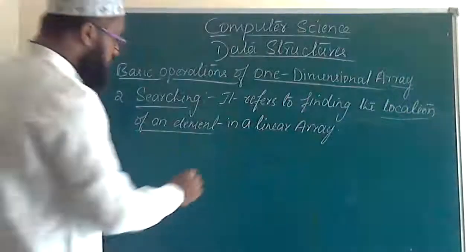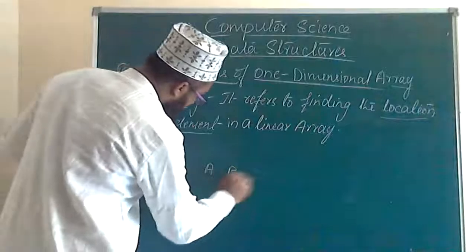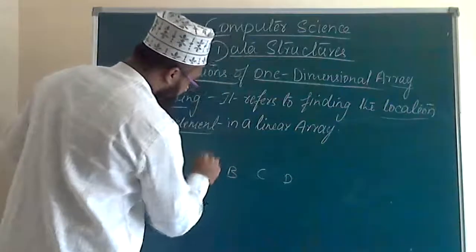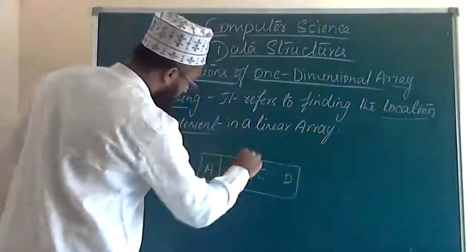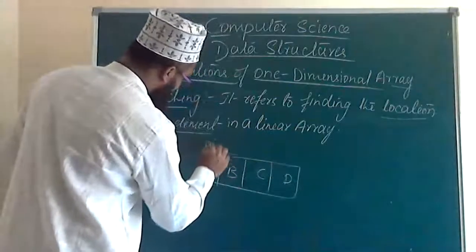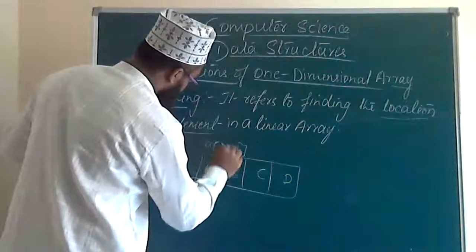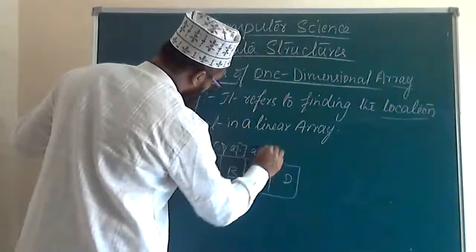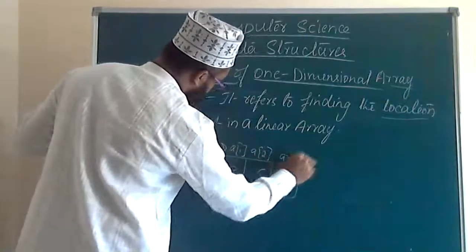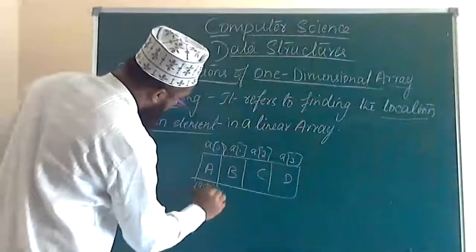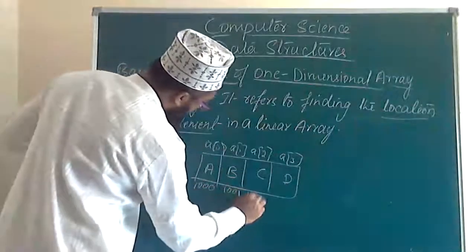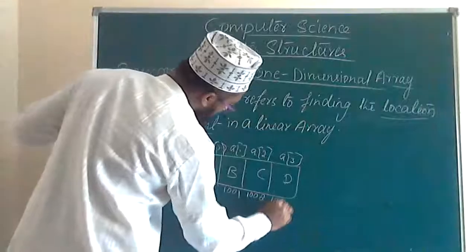Location, I have already shown you. A, B, C, D. If you want to find the location of an element, take this as A of 0, A of 1, A of 2, A of 3, and the addresses might be 1000, 1001, 1002, and 1003.